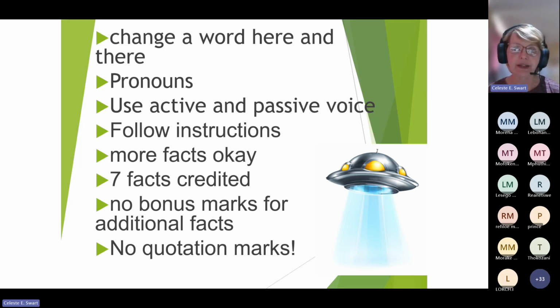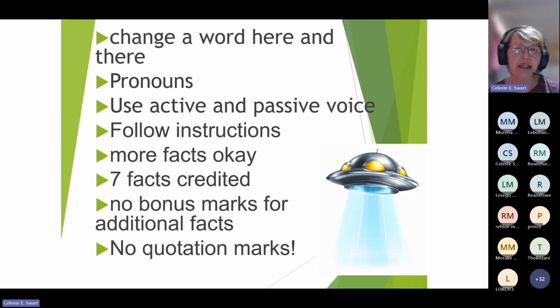When you get your topic, you read your instructions of what you have to do. You are allowed to mention more facts within the number of words allowed, just to make sure that if you've repeated something, you still get to the 7 facts. But remember this, only 7 facts will be credited.